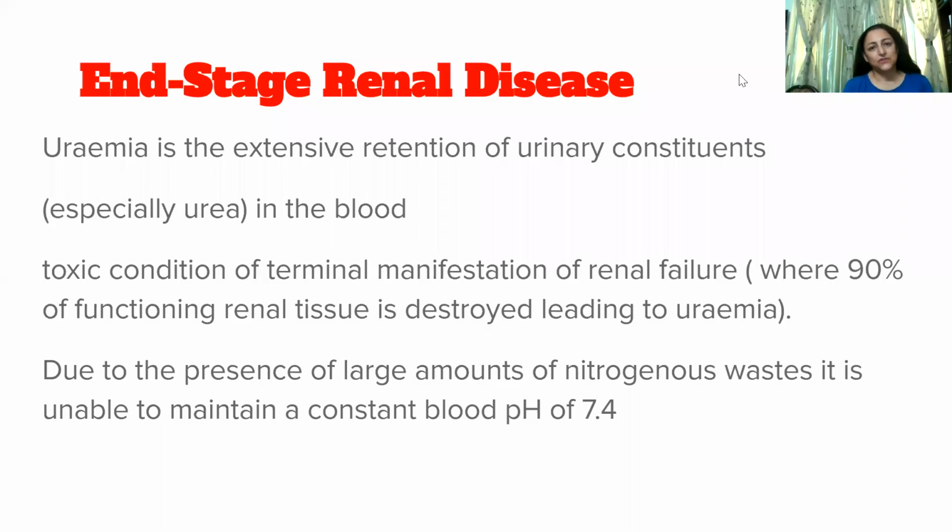In the last lecture, we studied AKI and chronic kidney disease, where we discussed how chronic kidney disease is divided into five stages. Stages one to three are managed more conservatively over time.